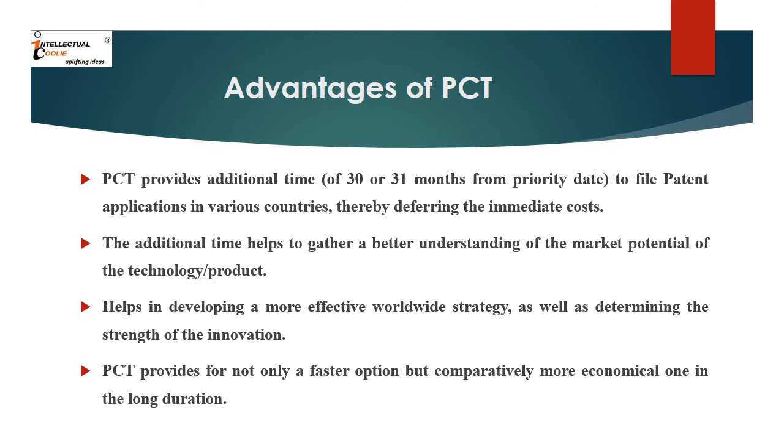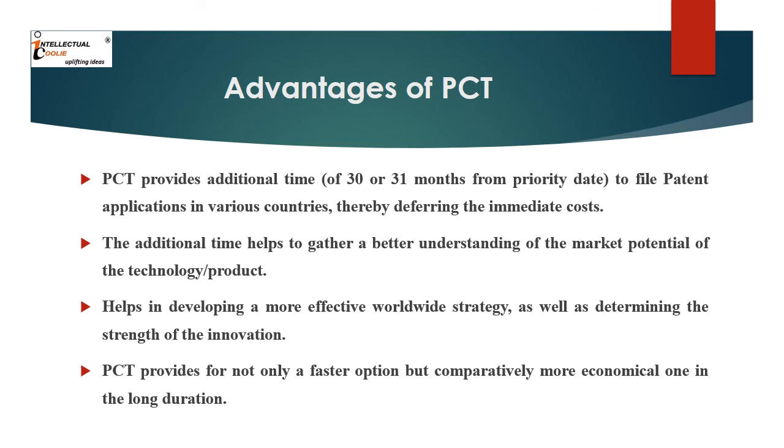Then PCT provides not only a faster option but a comparatively more economical one, because it only costs you around 15 to 20,000, or 25,000 at most, to file a PCT application. With this fee you can decide whether to go ahead or not.